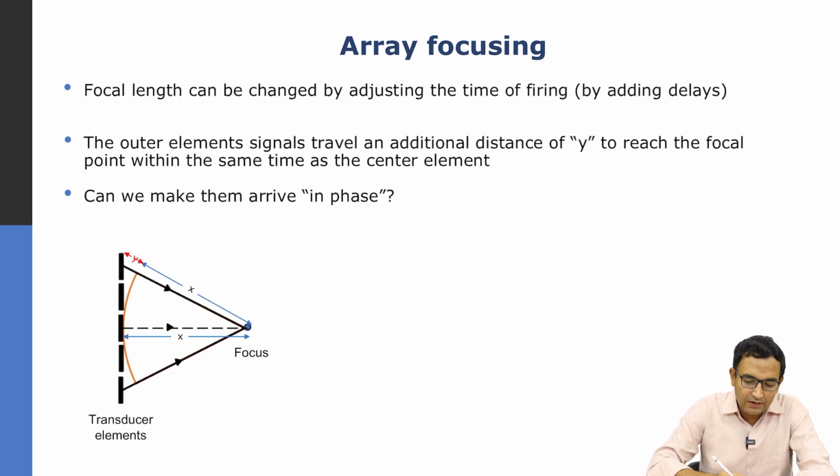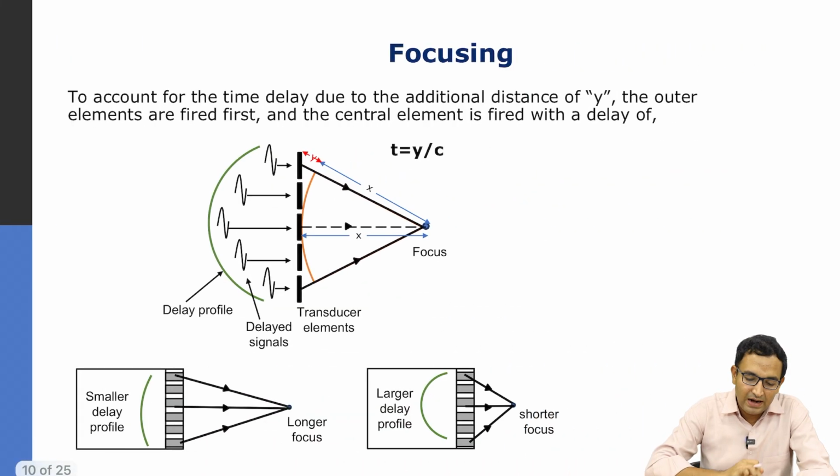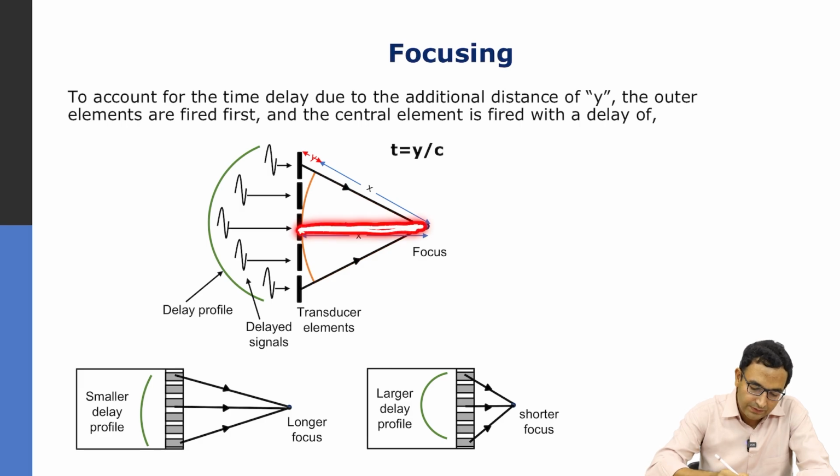So, to compensate for the path length, we can apply delays. What is the extra path length that the signal coming from the furthest element has to cover? This is the signal coming from the central element and this is its path length. If we draw an arc, this is the extra path length that has to be covered by the signal coming from this peripheral element.